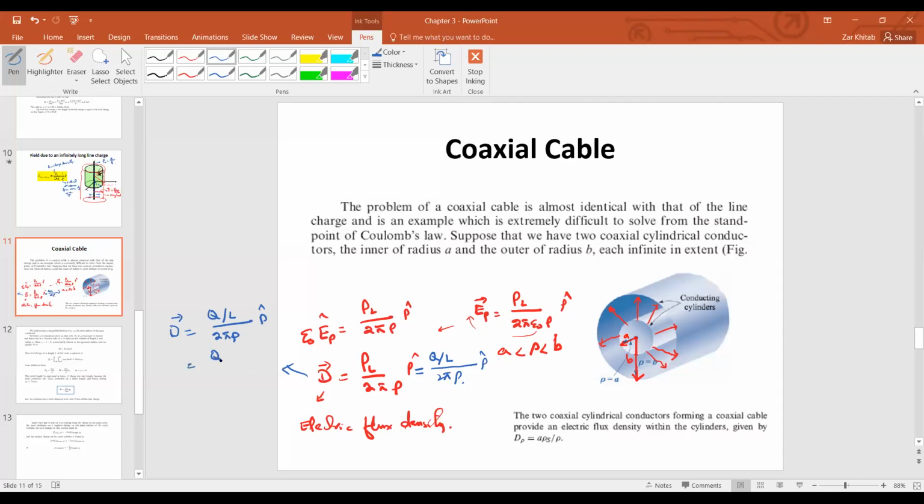I can write it as charge divided by 2 pi L, where L is the length of the wire, divided by rho in the direction rho, and it's D. Now, from here, our Q is equal to D times 2 pi rho L. This is the charge.